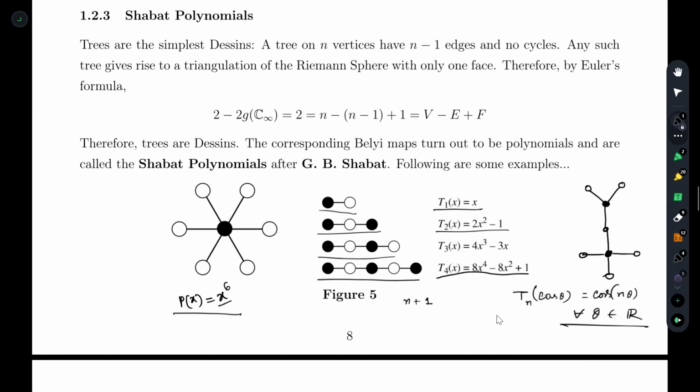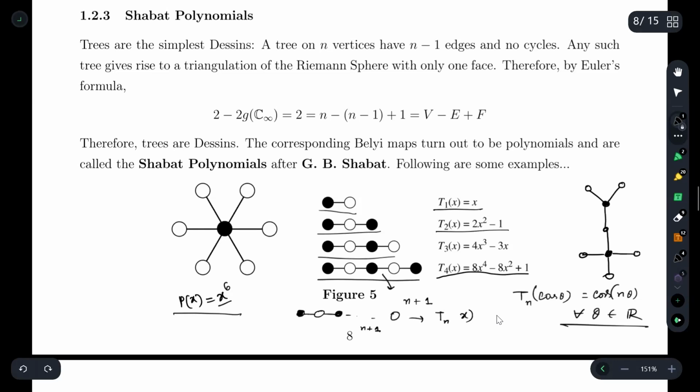You can break this cos(n theta) down repeatedly by induction and see the form of this polynomial. In particular, if I take the linear tree with n plus 1 vertices, it will correspond to the nth Chebyshev polynomial, so any Chebyshev polynomial is a Shabat polynomial.